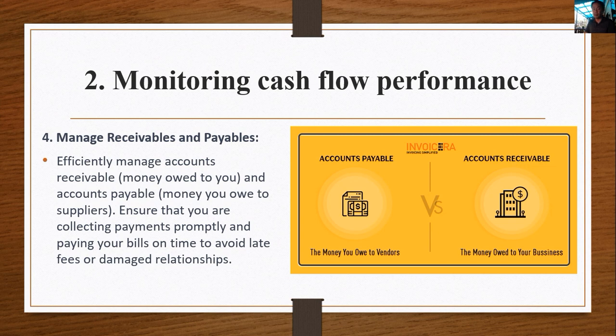So if your relationship with your partners or other people is damaged, it will cost you future transactions, and with that, it is a potential for loss in your operation. So that's why, class, you need to manage these receivables and payables in order for you to keep your business sustainable.